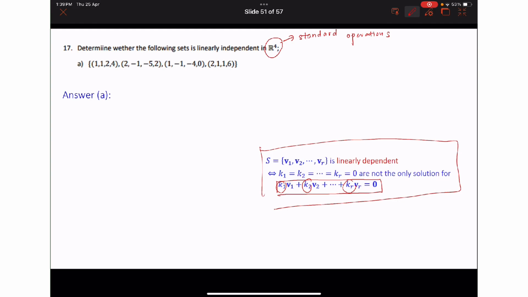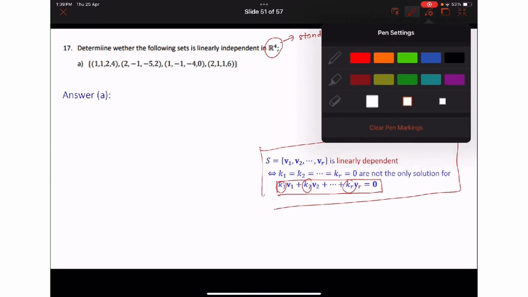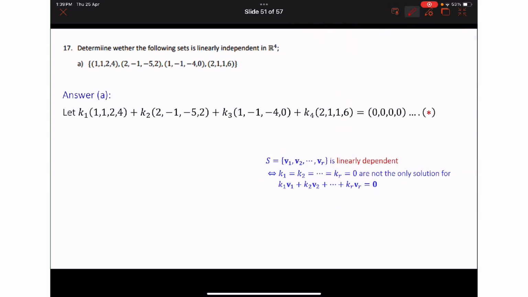When that happens, the set S is linearly dependent. So we start our proof by writing this equation, where this is V1, this is V2, V3, and V4.